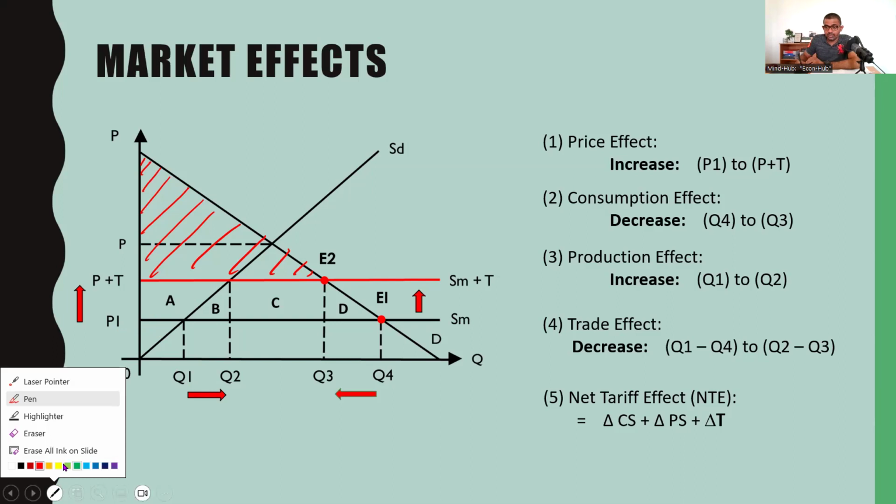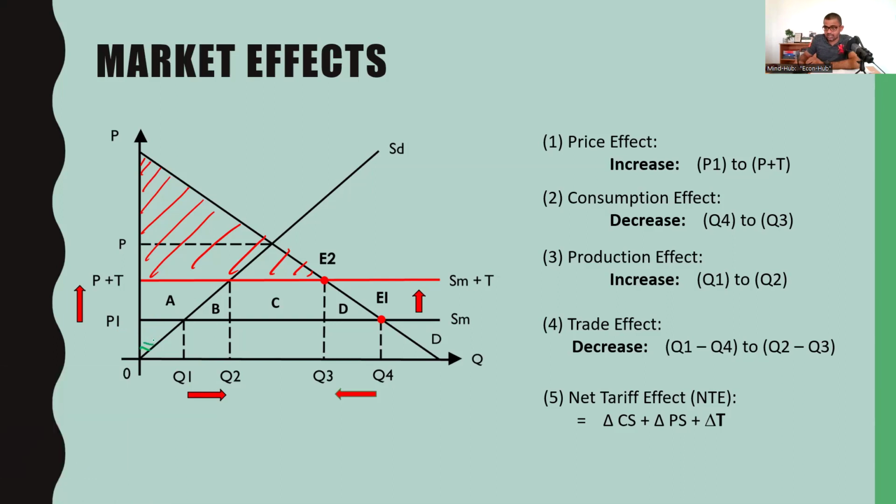So basically, producer surplus is now this bigger green color triangle, which includes a new area which was not there, A. So change in producer surplus is A increase, so plus value, positive value. Consumer surplus decrease, A, B, C, D negative, A plus because it's an increase in producer surplus, right?